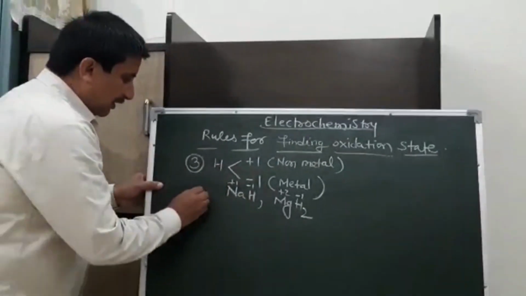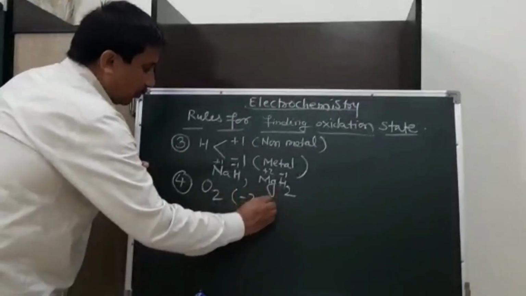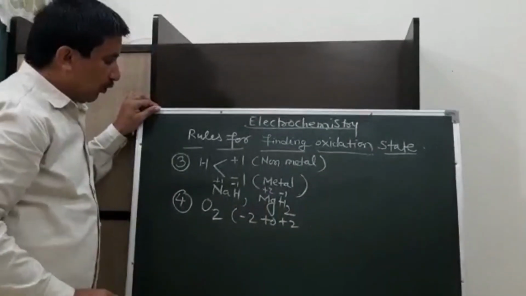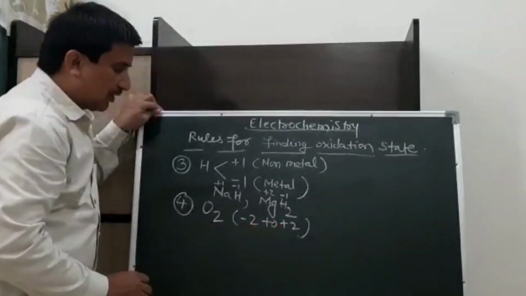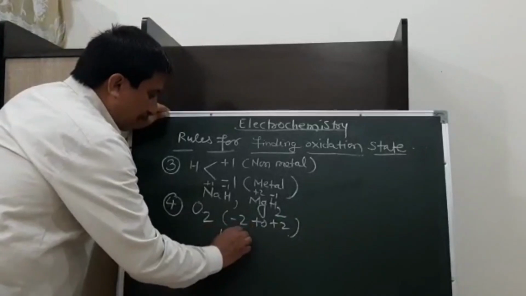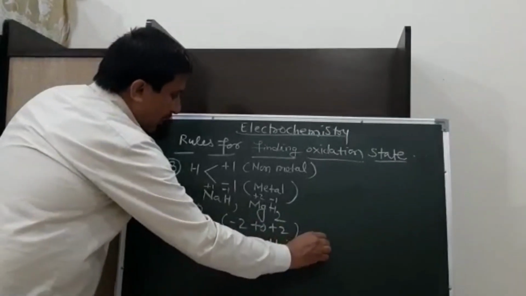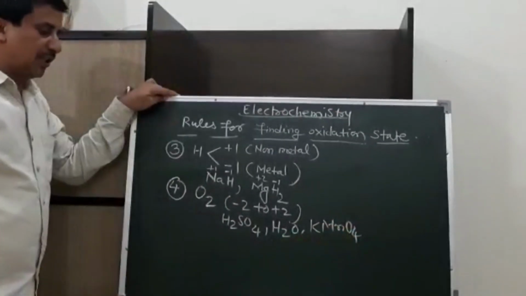Next is oxygen. Oxygen shows -2 to +2. It shows -2 oxidation state normally, like in H2SO4, H2O, KMnO4. In all such compounds oxygen shows -2 oxidation state.